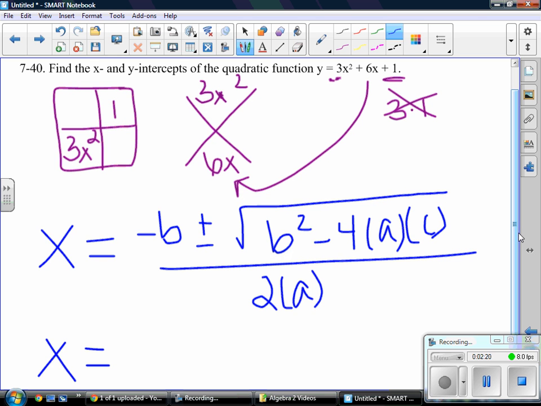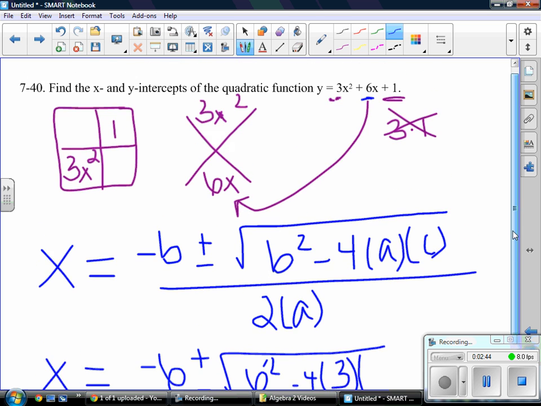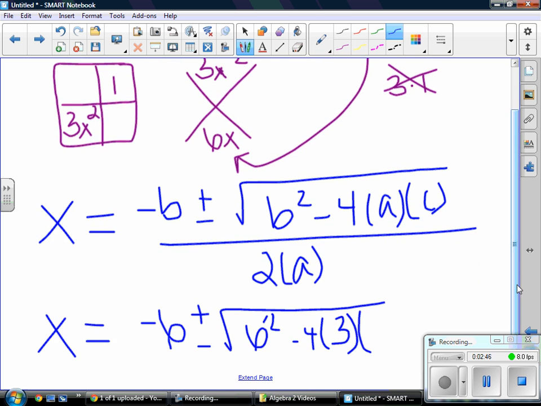Okay, so negative b, so that means the opposite of this term right here. So negative 6 plus or minus the square root of b squared, which was 6 squared, minus 4 times a. A is the number in front of x squared, and that was a 3, times c, which is the constant term, which is a positive 1.